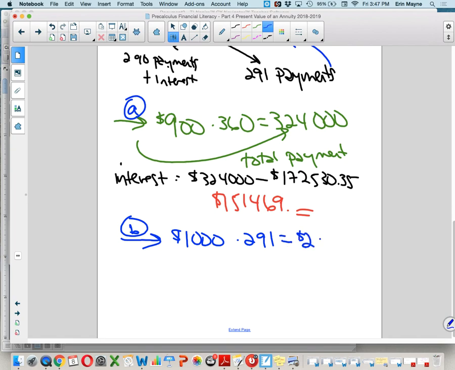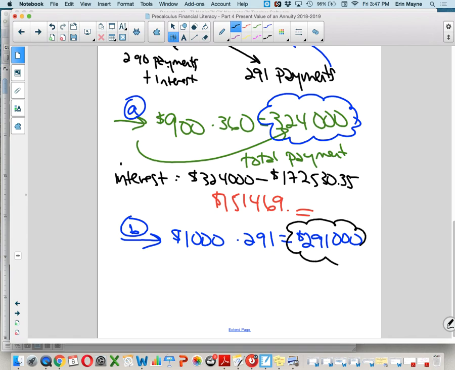That means we would pay $291,000. So here's what's worth noting. In option A, you paid $324,000. In option B, you paid $291,000.